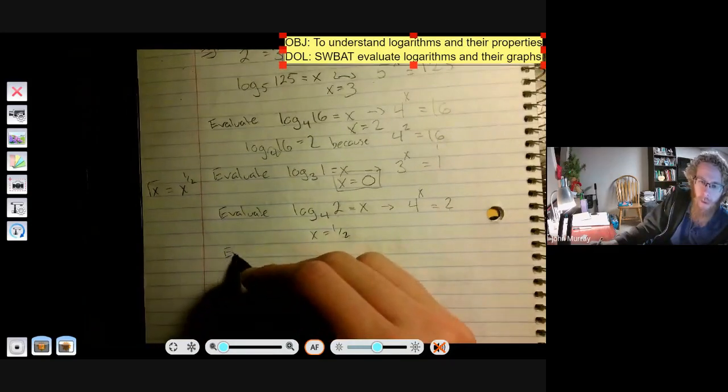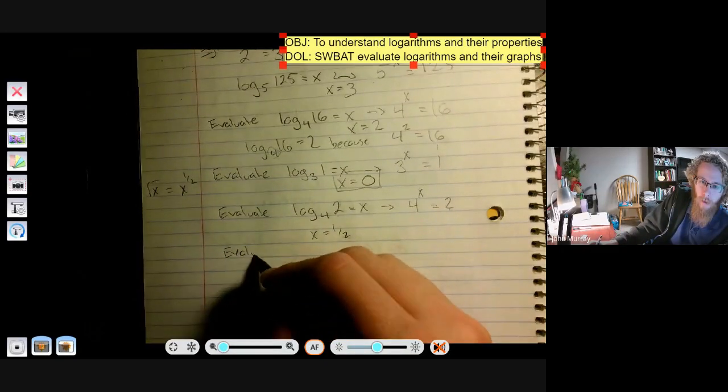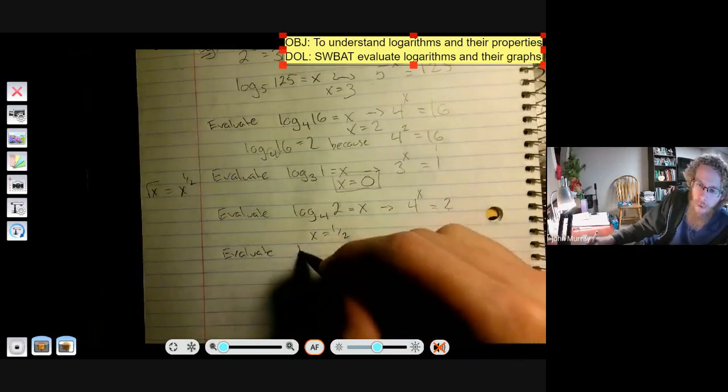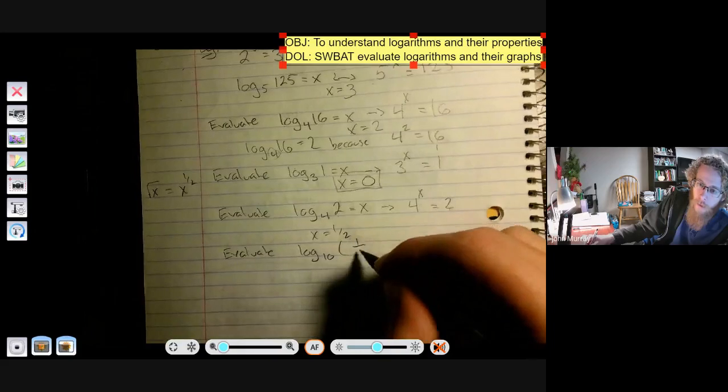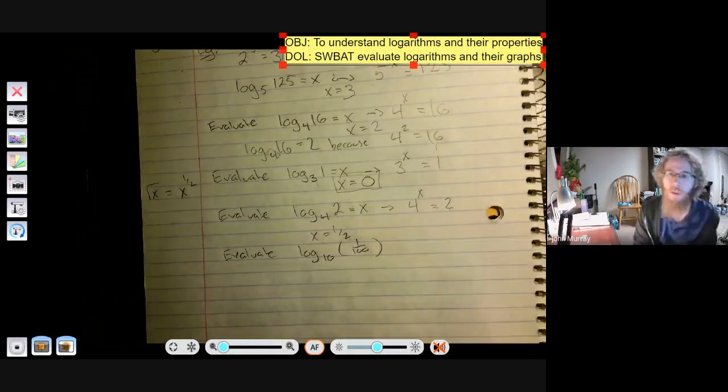Actually, let's do one more, just because I do want to bring up what I said before. I want to evaluate log base 10 of 1 over 100. So here we have a fraction.